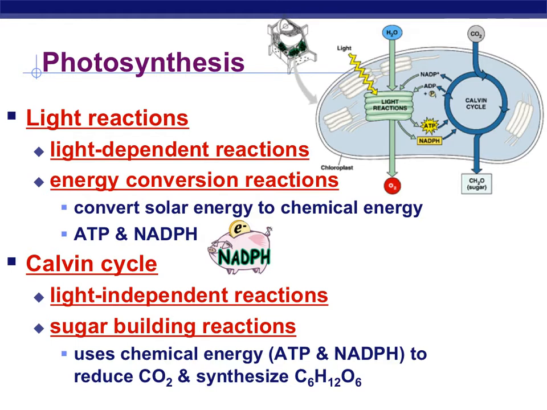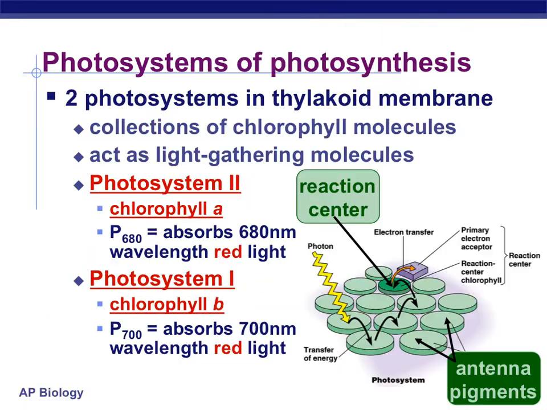The light reactions take place in the thylakoid membrane, and the Calvin cycle is going to take place in the stroma of the chloroplast.